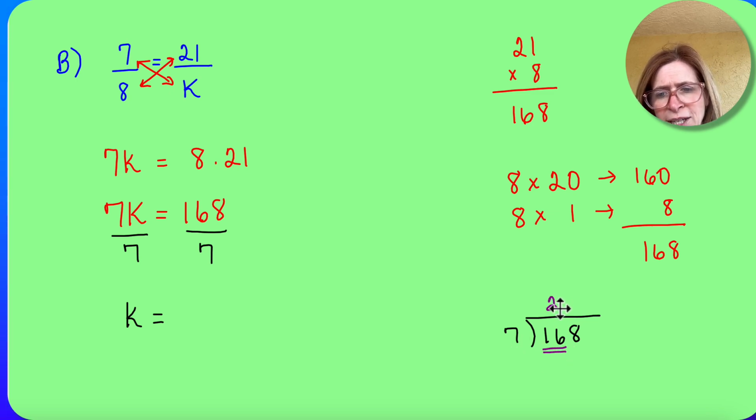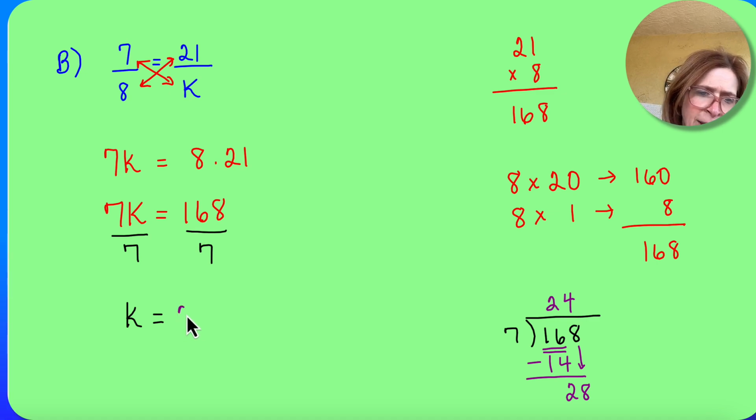So then I multiply 2 times 7, giving me 14. Then I subtract 16 and 14, and I get 2. I bring down the 8, and 7 goes into 28 4 times. So 7 times 24 gives me 168, and 168 divided by 7 gives me 24.